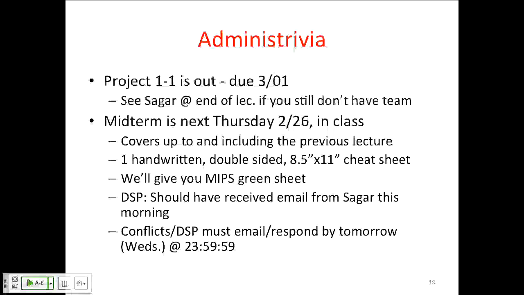You're allowed to have one 8.5 by 11 double-sided written cheat sheet. We'll give you the MIPS green sheet, so you don't have to memorize the opcodes and the encoding. We'll get that to you. Sagar should have talked to all the DSP students, and you have to come back to us by tomorrow, midnight, for accommodations, okay? All right, any questions about any of this?